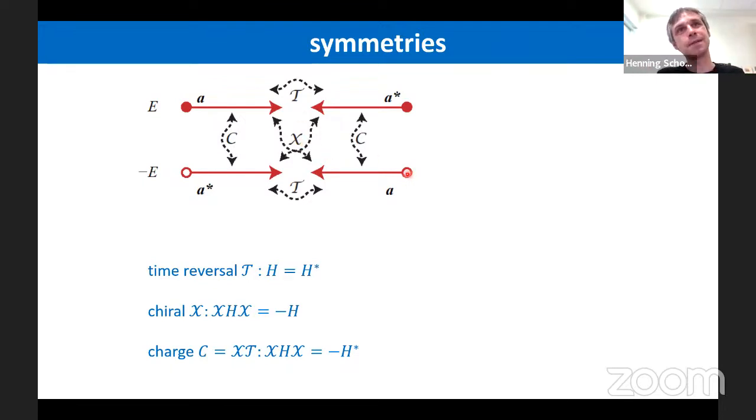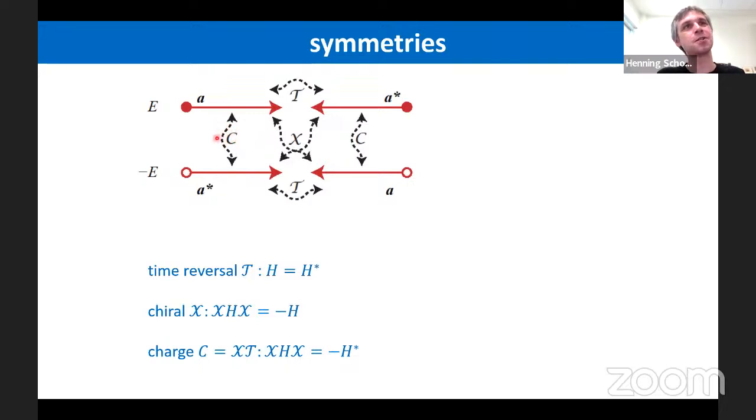This means that this chiral symmetry takes a particle at one energy to the particle at the negative of that energy, but also moving in the other way around. And if you combine these two, you get a symmetry which is sometimes called particle hole symmetry and sometimes called the charge conjugation symmetry. And I usually use C because P often means parity time, the P in parity, in the context of non-Hermitian physics.